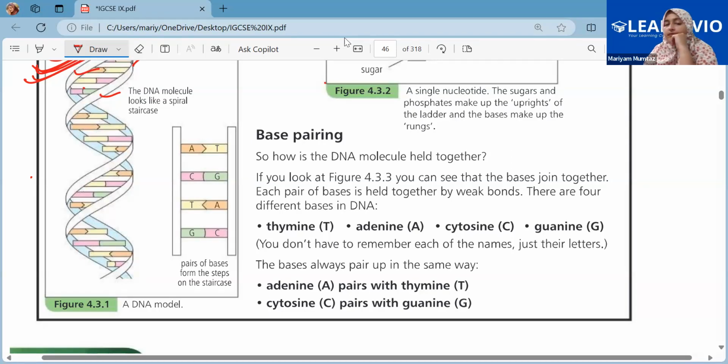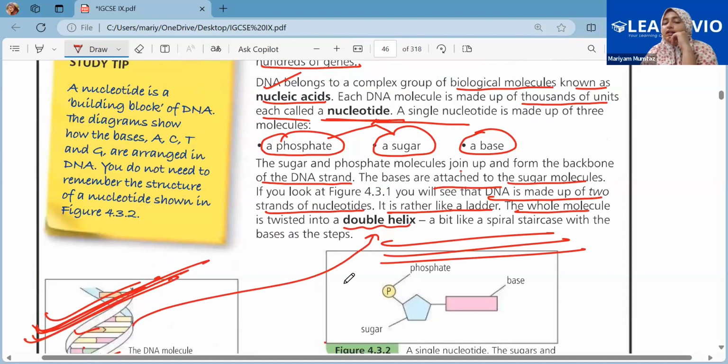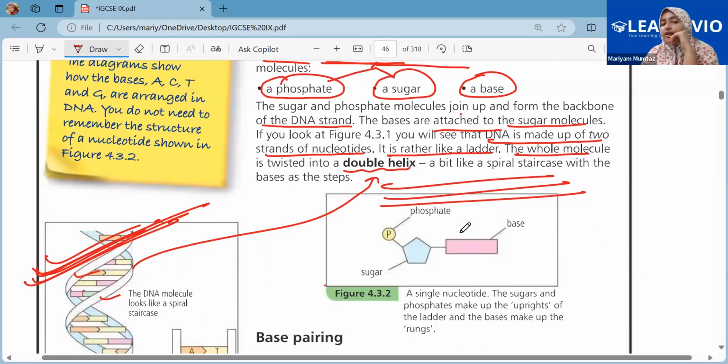All right. So now we'll talk about DNA, base pairing. We were talking about the DNA, and we saw that DNA is a nucleic acid, and each DNA molecule is made up of thousands of nucleotides.